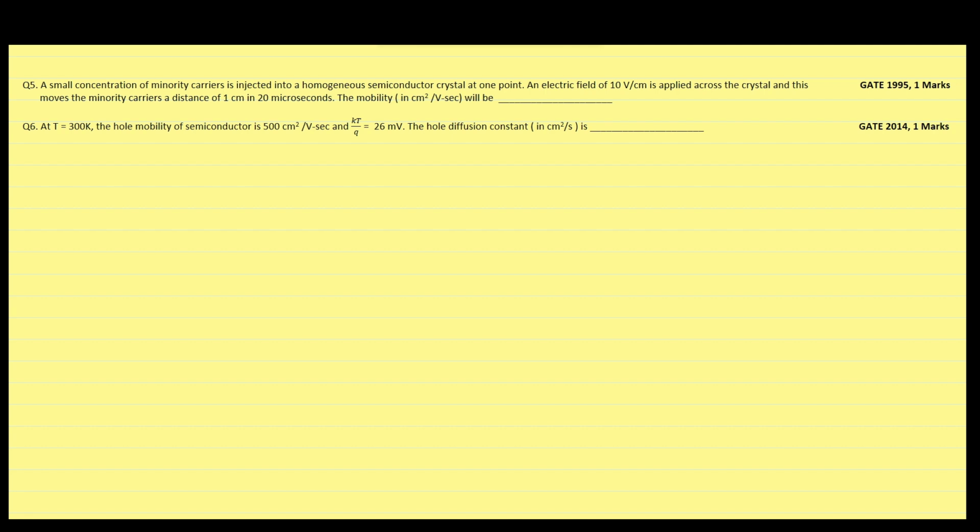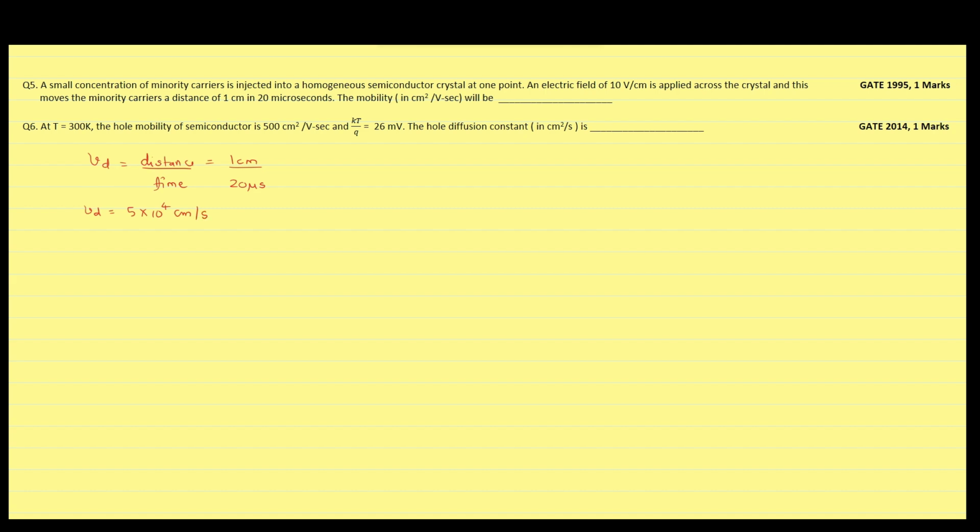First we will find the drift velocity, which is equal to distance covered by the charge carriers divided by the time taken, which will give 5 × 10^4 centimeter per second.